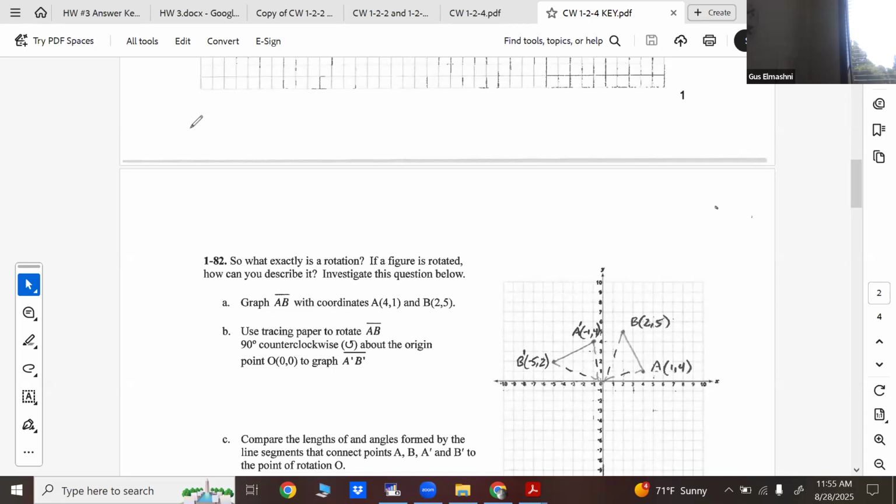Yeah, that just means you want it fully expanded. So you need to FOIL.